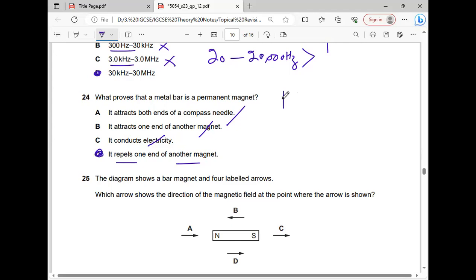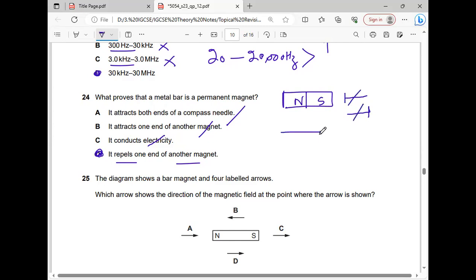The reason is that if there is a magnet, North Pole and South Pole, and we have placed a piece of nail made of iron or steel, either this way or this way, in both cases it will attract the nail made of steel or iron. So it is not the sure test to check magnetism.